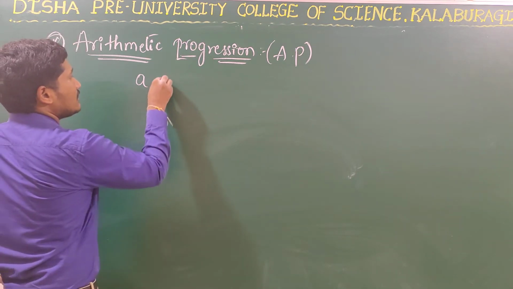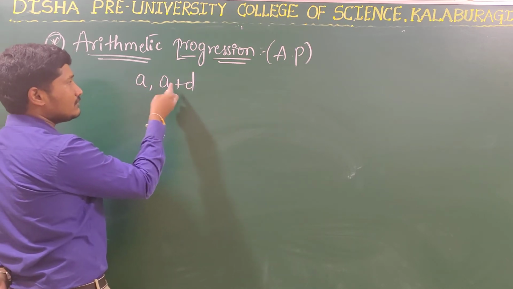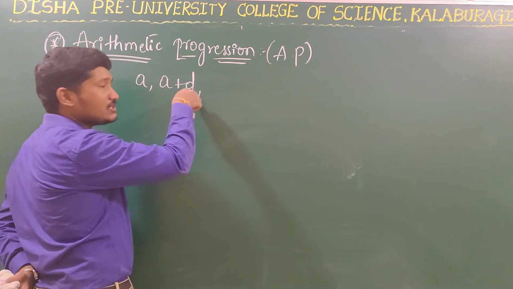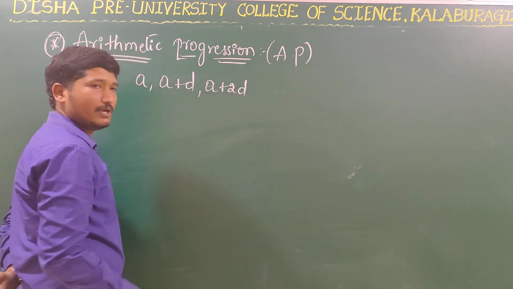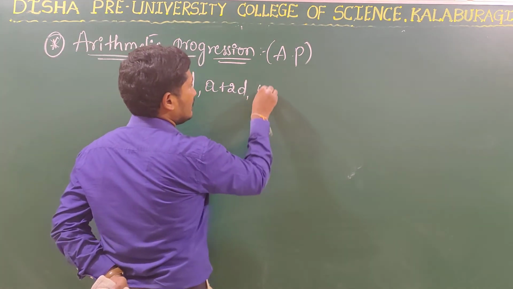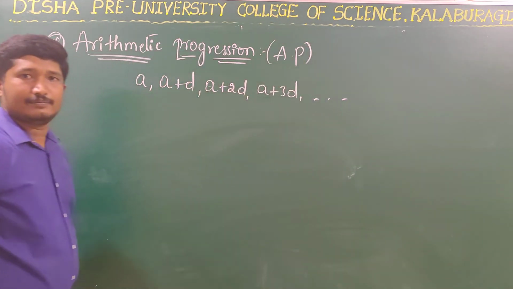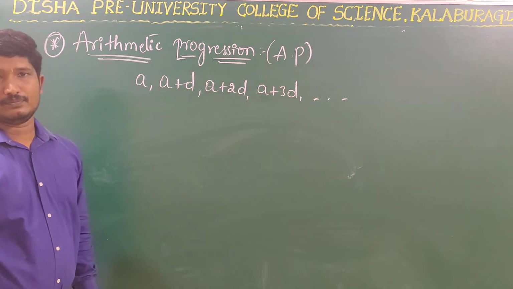Let us take that as D. If I add D to this, we will get the second term. Next, add again a D, you will get the third term, so it will be A plus 2D, right? Next will be A plus 3D. It goes on like that, right?